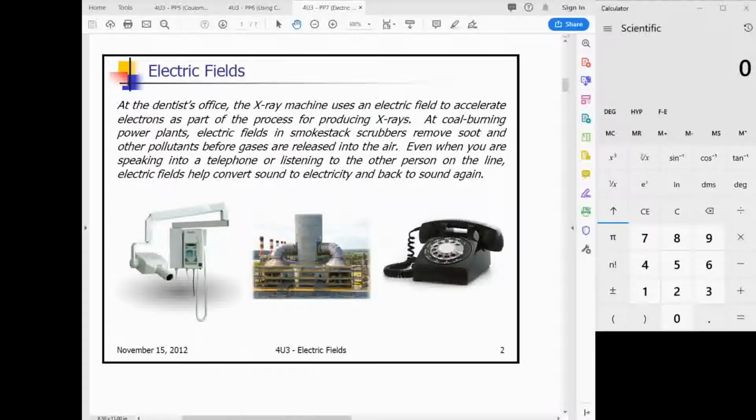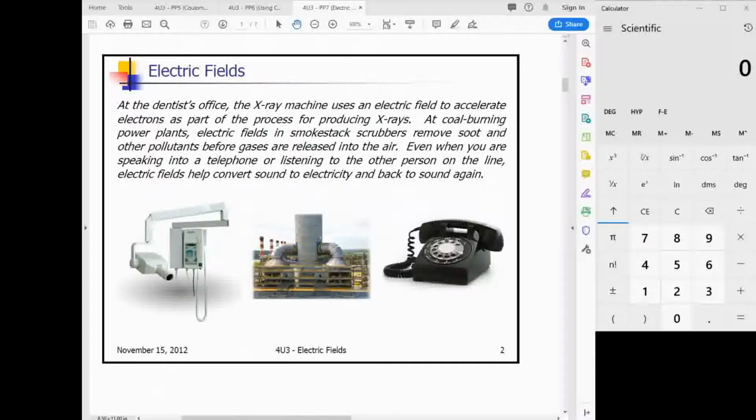An X-ray machine generates an electric field that accelerates electrons really fast to produce X-rays. A coal-burning power plant will have a lot of exhaust, and that black exhaust contains a lot of charged particles.